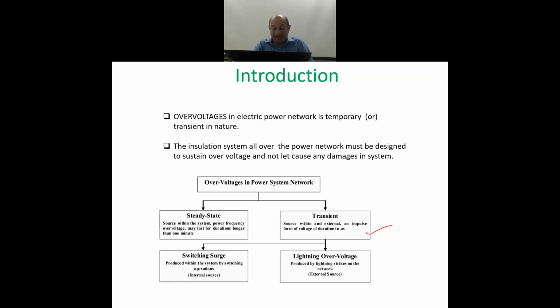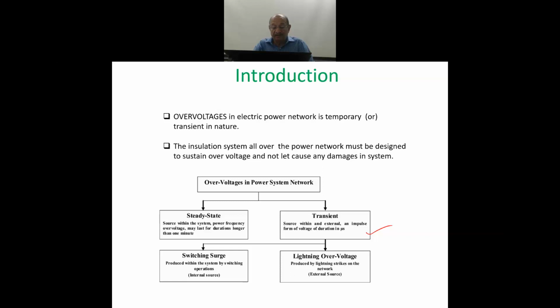It is interesting. The lightning overvoltage comes from outside, although a lot of protection is given to the network. But it does happen that lightning strikes some of the conductors in the power system. Lightning, as you know, is an external source.